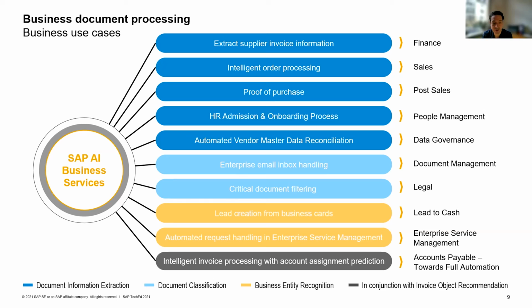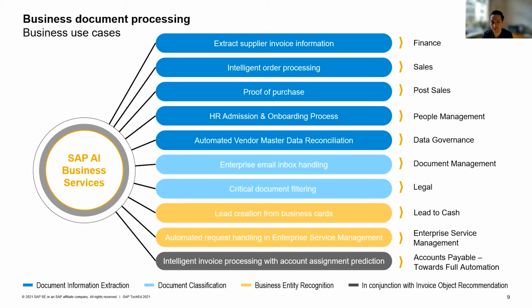And finally, document information extraction can also be combined with other AI business services in our portfolio. For example, with invoice object recommendation. So this is yet another service that helps to maintain your master data in your system. And here we, for example, can think about the use case of intelligent invoice processing with account assignment prediction.